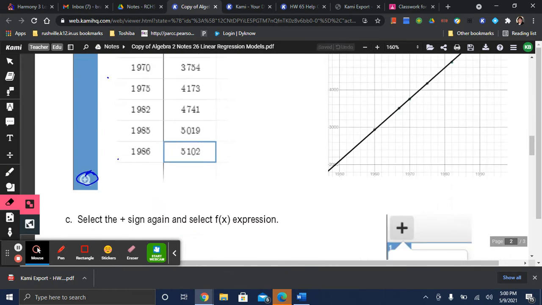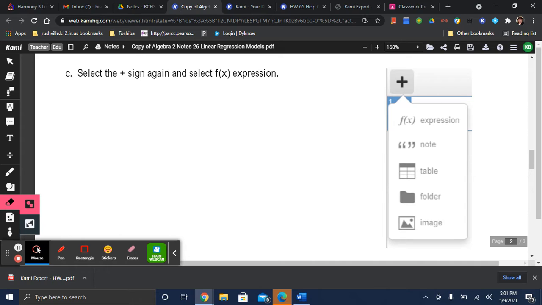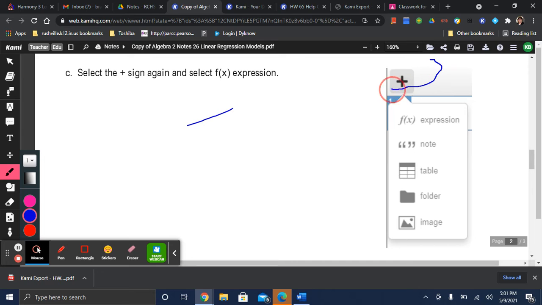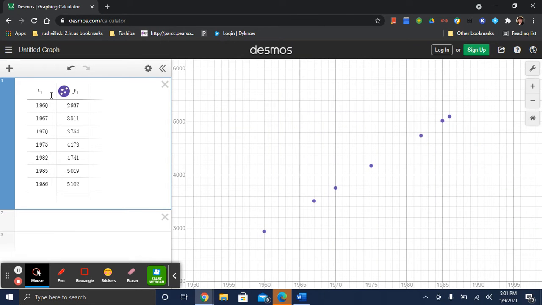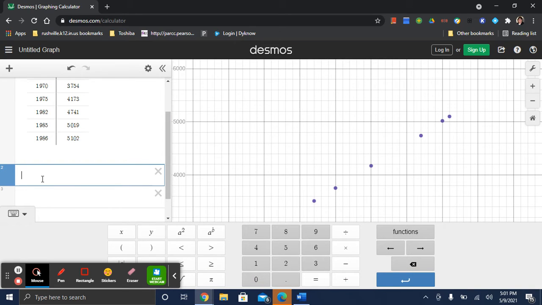Then as we move on through your instructions, it says to select the plus sign again. So you'll be selecting this plus sign right here. And you will want to select the expression. Okay, so we'll go back to Desmos and plus sign. You're going to select expression. And this time you're going to type in y1.